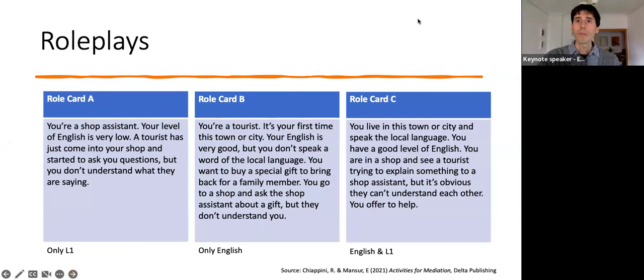I'm going to give you one more role play activity. It has three different roles with three different cards that you could give to the individual students. I want you to read the cards and tell me which role is the mediator in this particular role play activity. I'll give you a minute to read that.